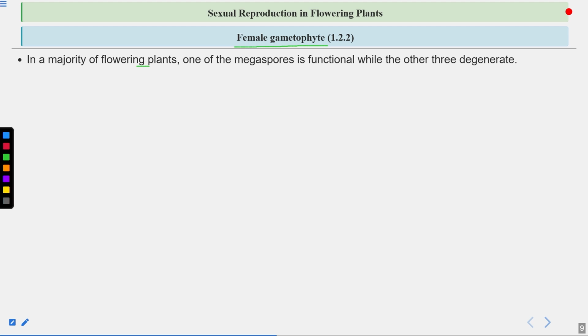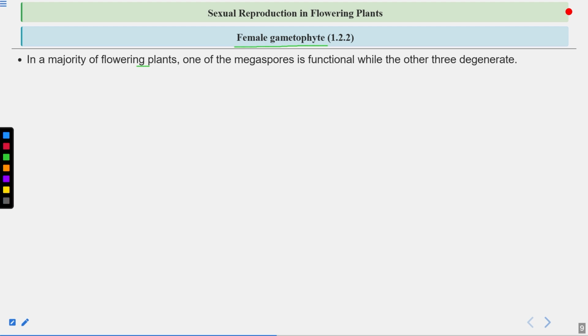And now this line comes here: in the majority of flowering plants, one of the megaspores is functional while the other three degenerate. So out of those four megaspores, three degenerate and only one becomes the functional megaspore.